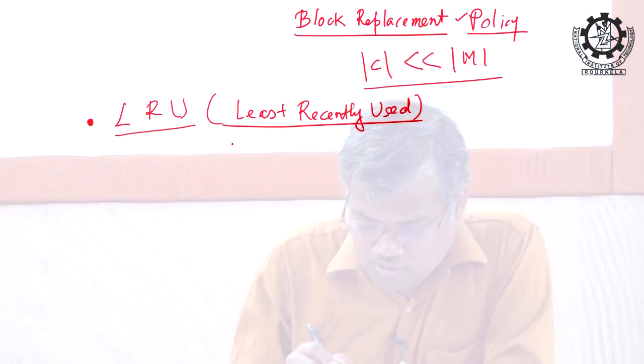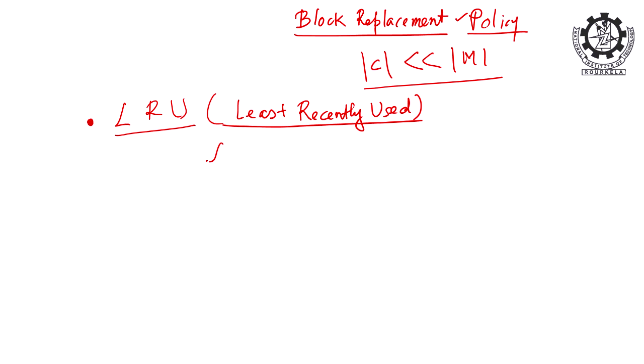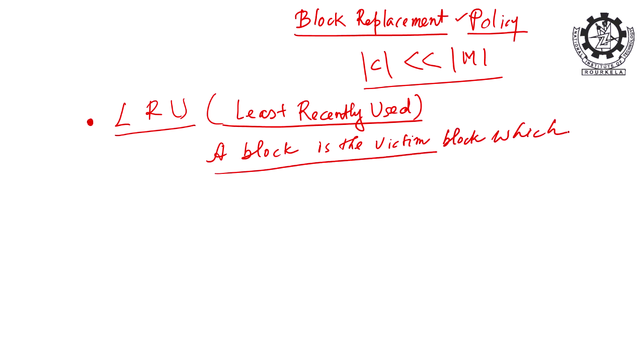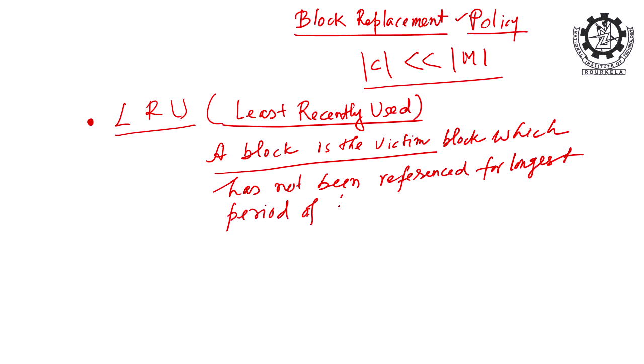Sorry, not page, a block is treated as the victim block if it has not been referenced or referred to for the longest period of time. That is why it is called least recently used.